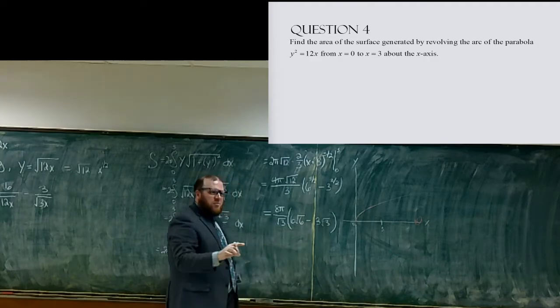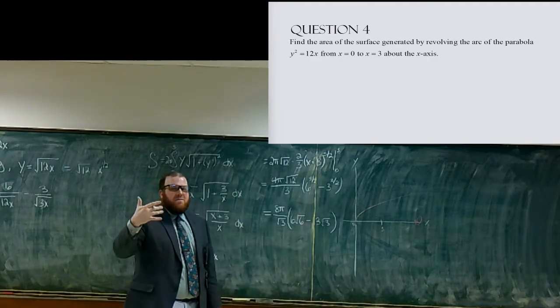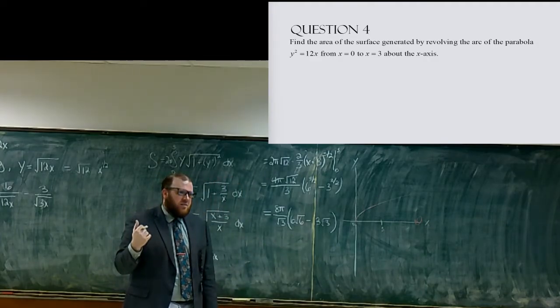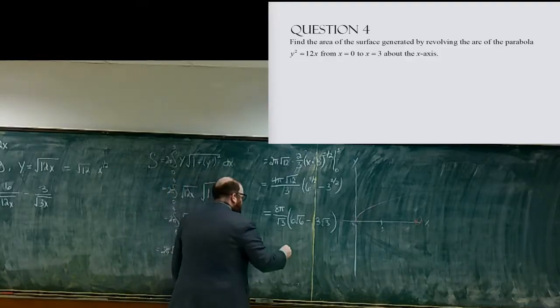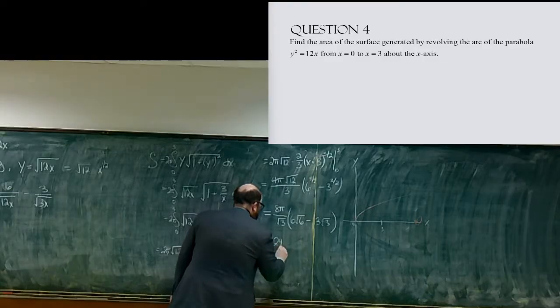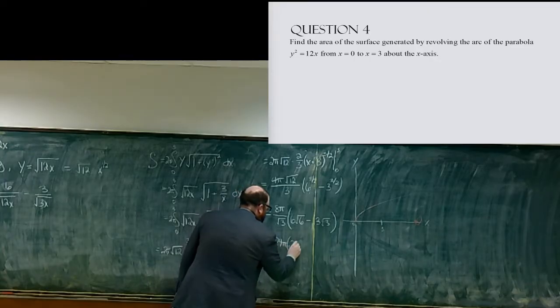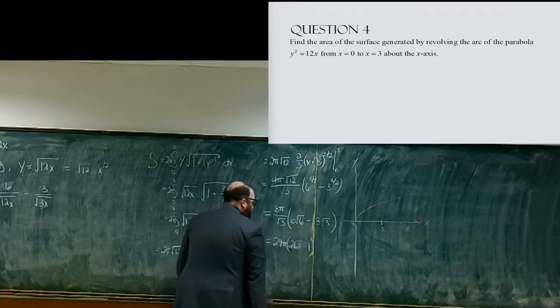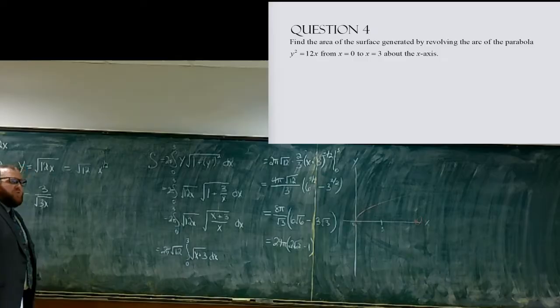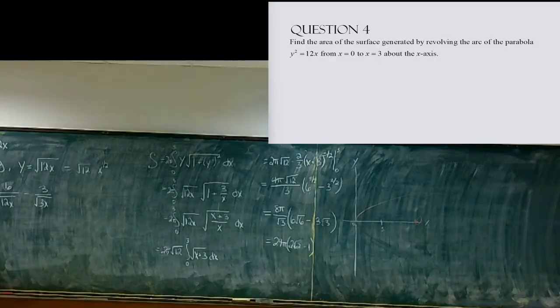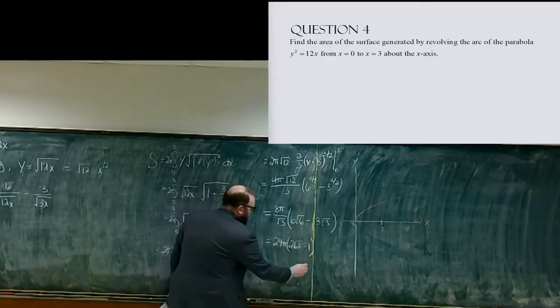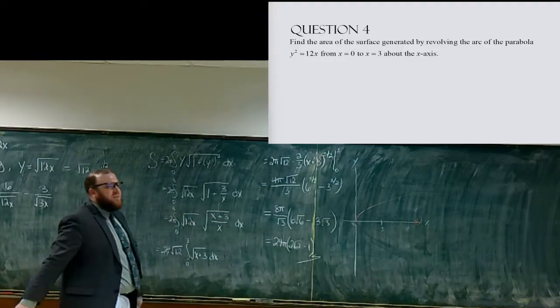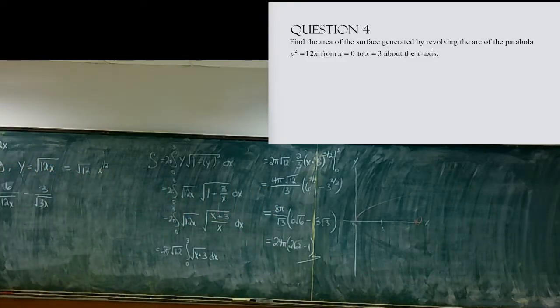Don't root 6 and root 3 have root 3 in common? Yeah. We can factor out a 3 root 3. Then you're left with 24 pi times 2 root 2 minus 1. There is our surface area in square units.